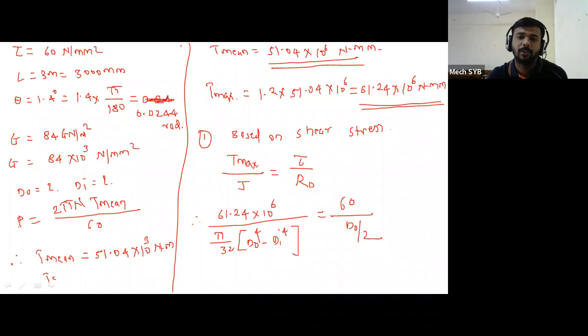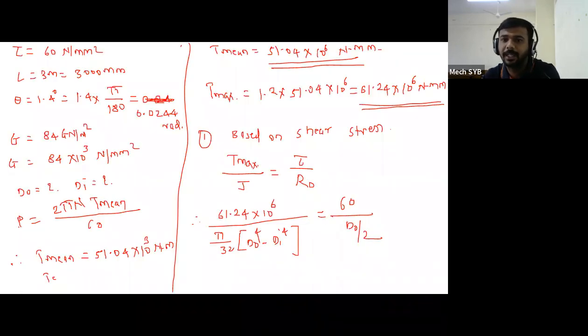Now we have to put the value of Di because the relation is given as 3 by 8, and that we have converted into 0.375.